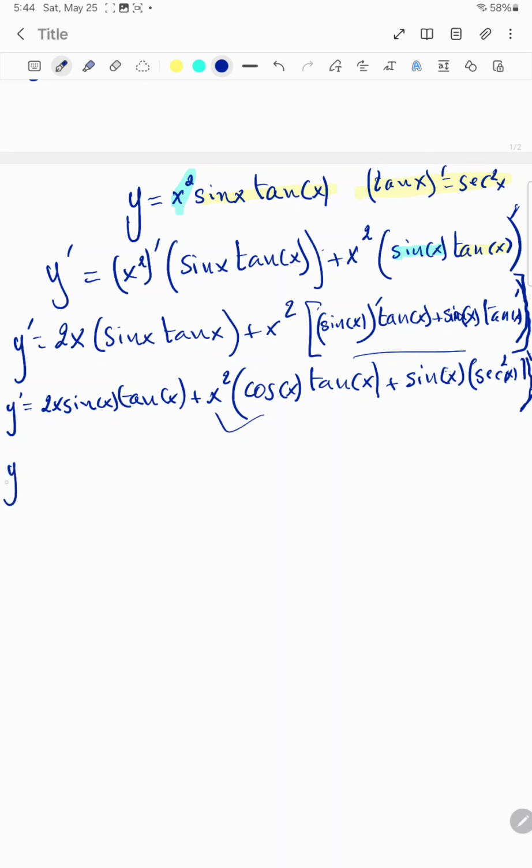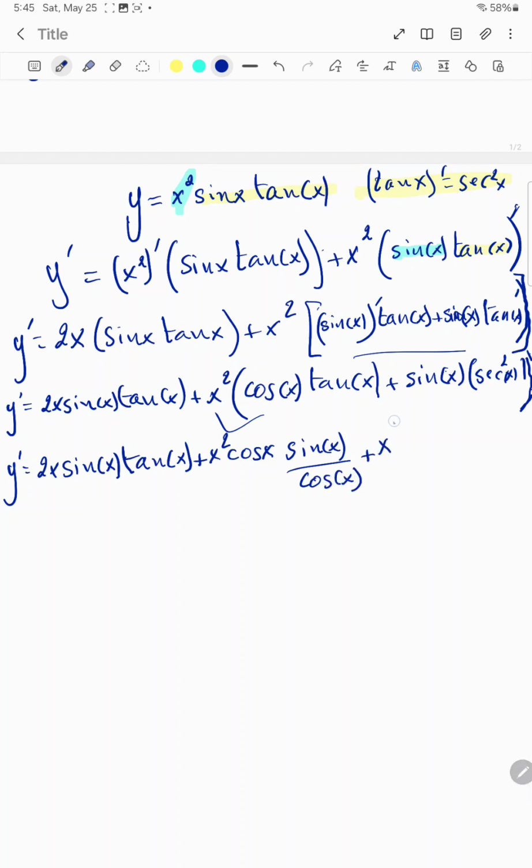So my y prime is equal to 2x sine x tan x plus x square cosine of x, and the tan I can write as sine of x divided by cosine of x right away, plus x square sine of x sec square of x. So I'll keep the sec of x, you will see why.